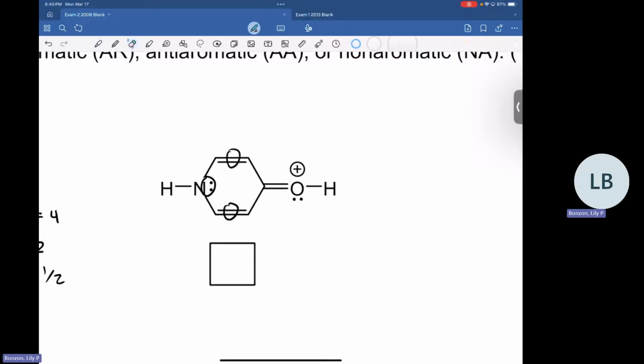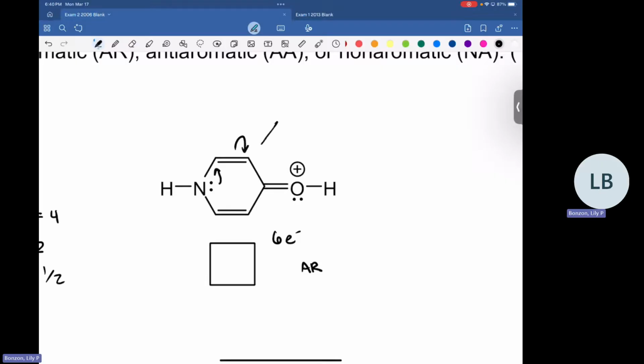All right, so currently we have 2, 4, 6 electrons. So that's pretty good. That's aromatic. I guess one thing we might want to check, nitrogen, we have 4 bonds right now. Could we potentially make that sp2? And the answer is yes.